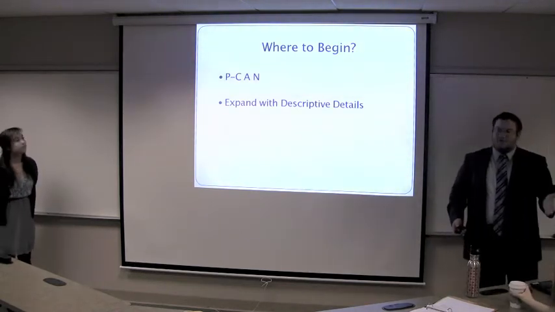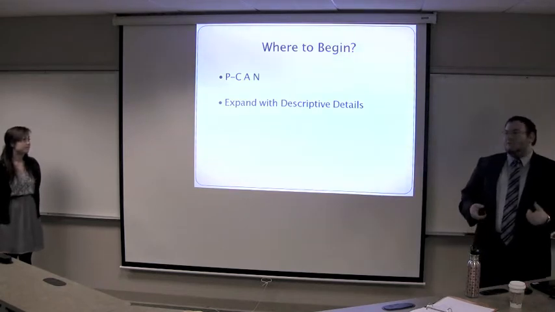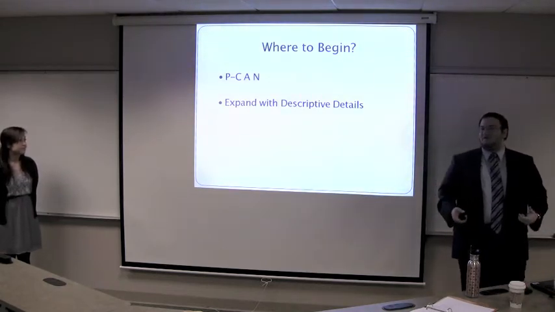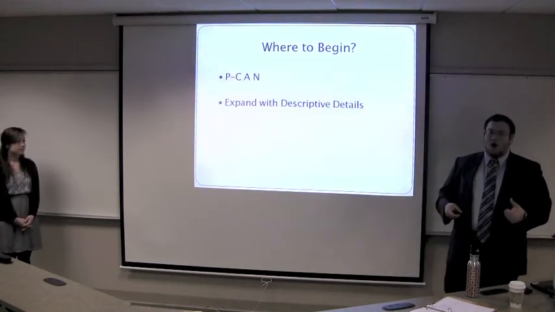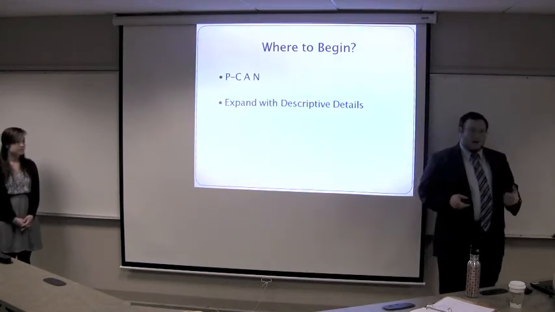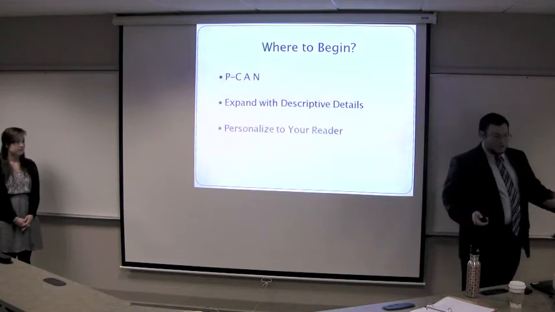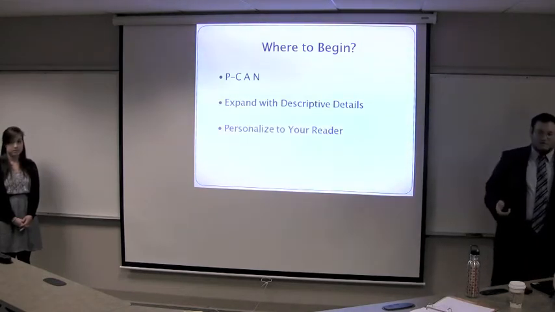Next, you'll expand with descriptive details. You won't toss in meaningless details, but whatever details, give it a little bit more flair. Start to put some meat on the bones of what you're talking about. Not too much, but enough to get them a good general idea. And you personalize it to your reader.